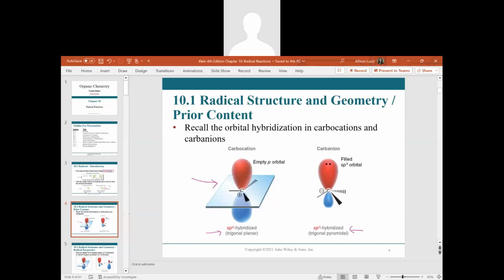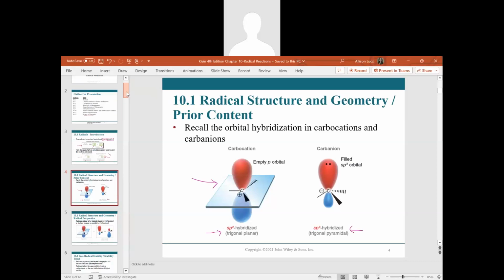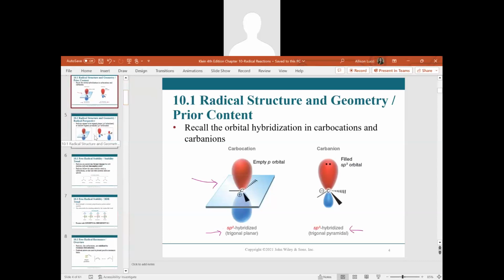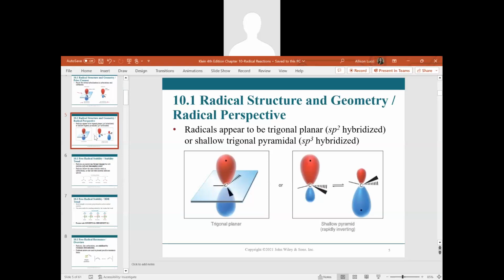But what happens when we have only 1 electron in this p orbital, right? Will it affect it? Will it make it more like trigonal pyramidal? Actually, what we see is something kind of in between and more like a trigonal planar type of structure. So that's what we're seeing over here. This p orbital, in the red lobe, the top lobe, has that single electron there.